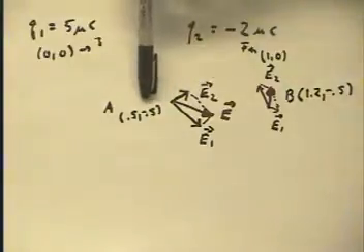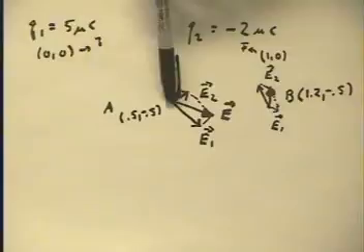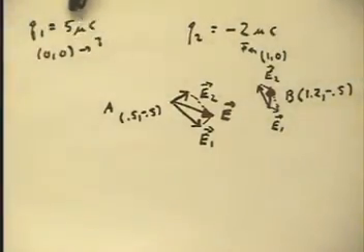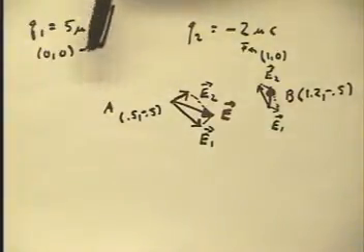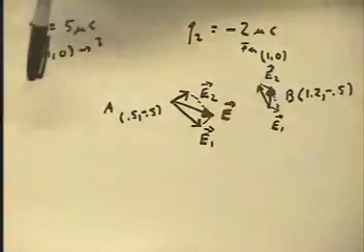Now, if we move over here on the other side, starting at B and then A and moving beyond A in this direction, we're going to come closer to the 5 microcoulomb charge, so the strength of the electric field due to the 5 microcoulomb charge is going to increase, while that due to the negative 2 microcoulomb charge is going to decrease.